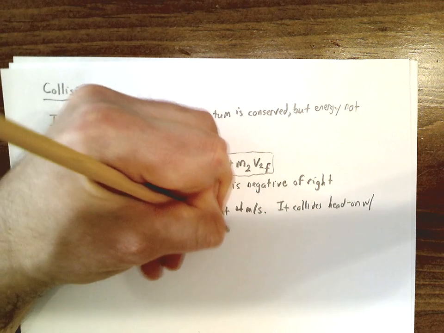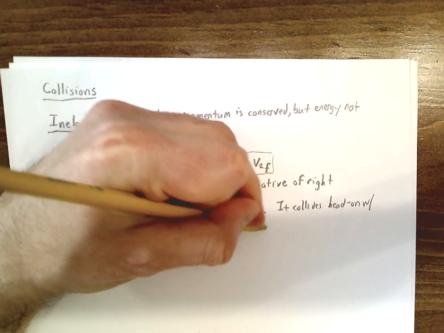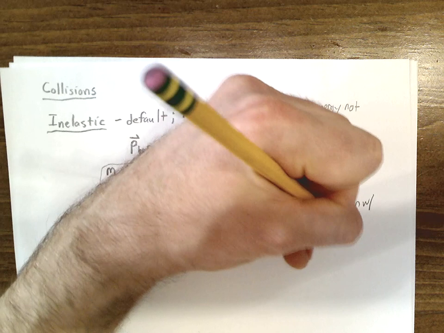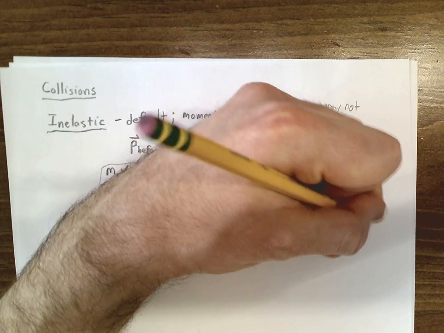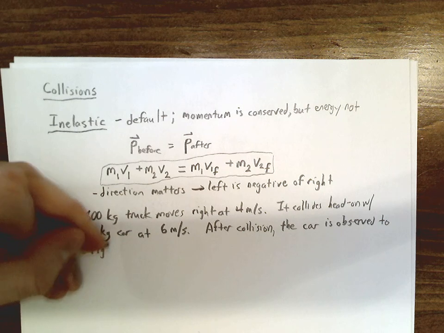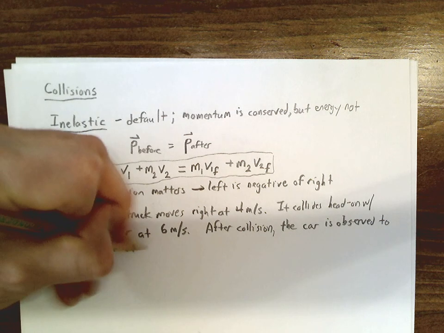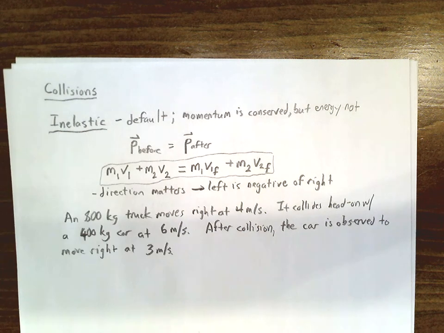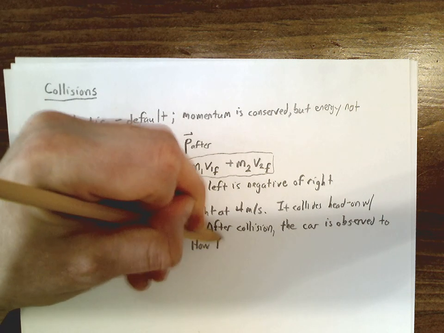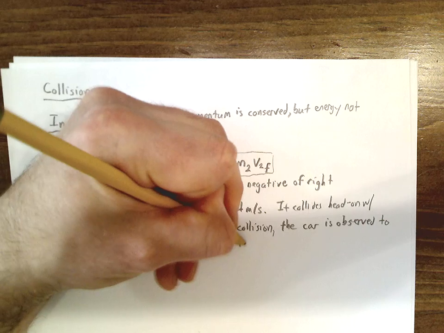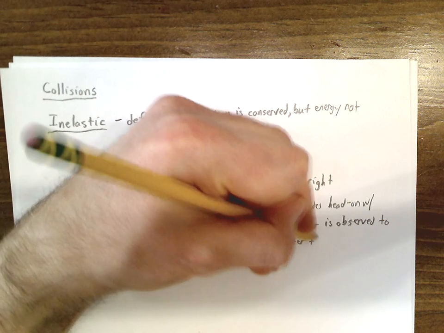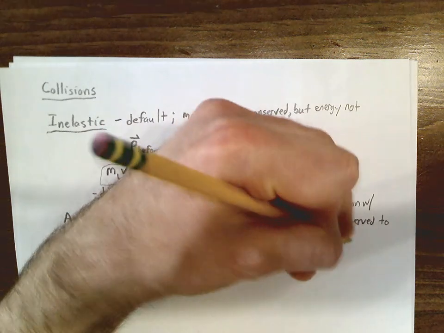After the collision, the car is observed to move to the right at 3 meters per second. Our question is, how fast is the truck after the collision?